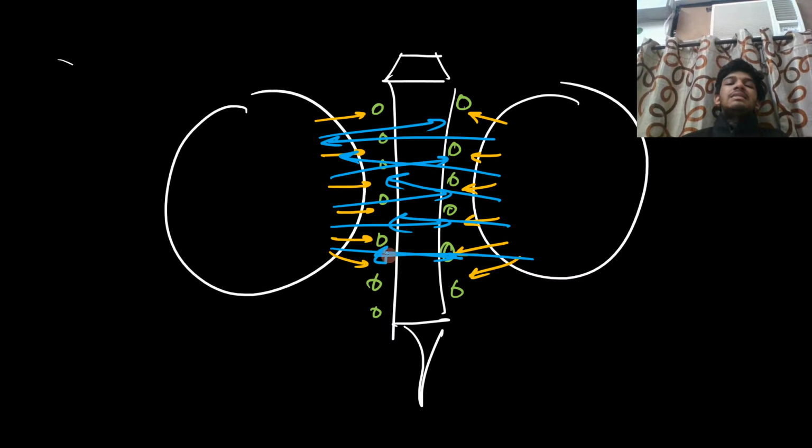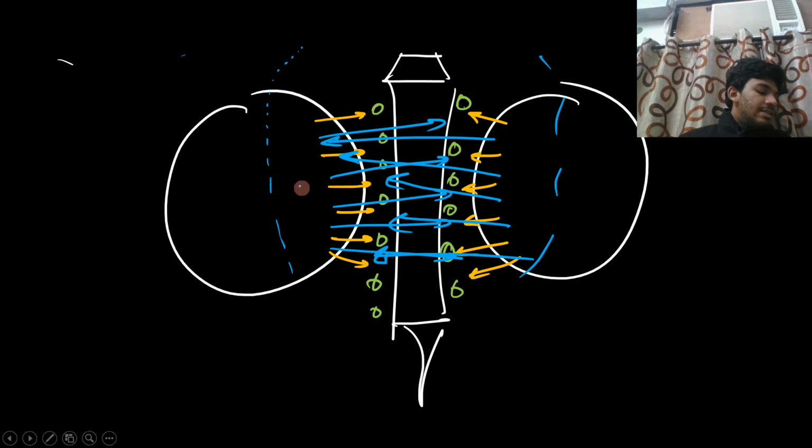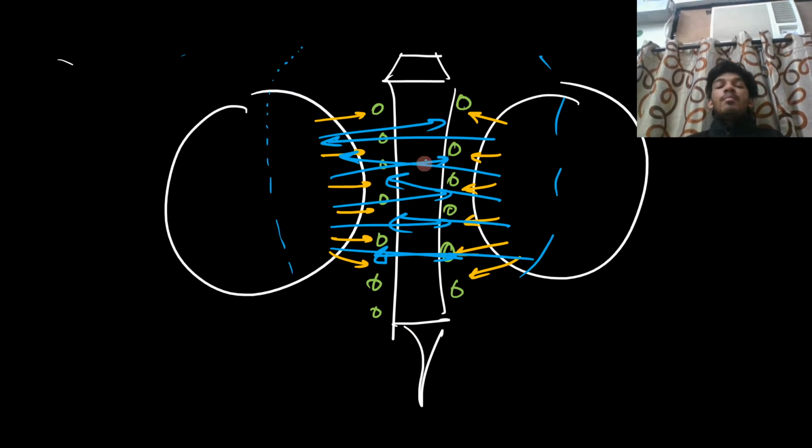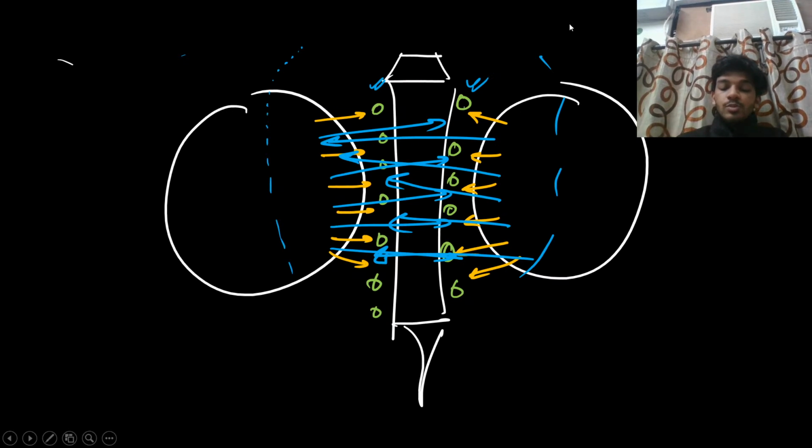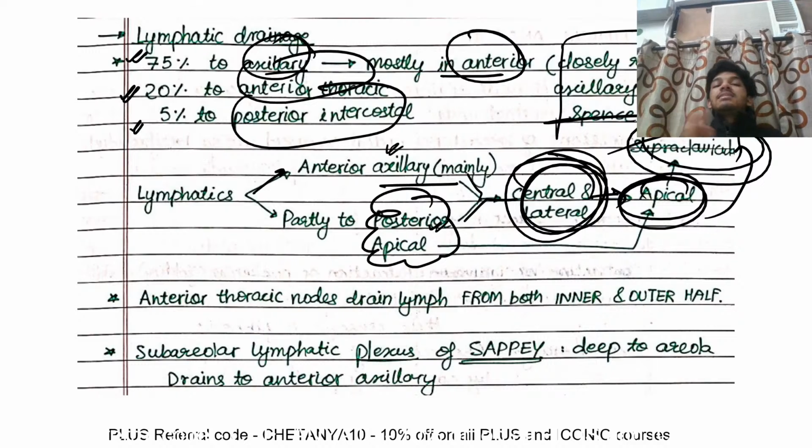That is why metastasis is possible to the contralateral breast; the lymphatics of the contralateral breasts are connected. That's one thing to remember in clinical anatomy. We'll also talk about this point later. So the lymphatics go both ipsilaterally and contralaterally.